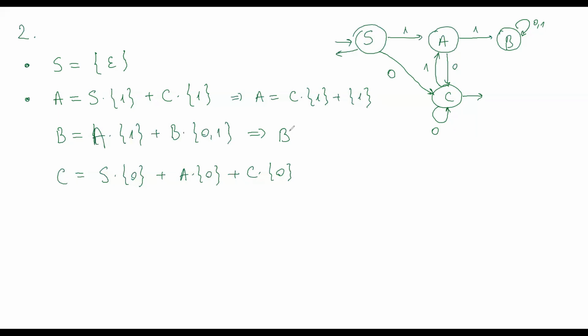I can do this either way, but let me do it in the following way. I will apply Arden's lemma here, and it has the required form, so it's B times something plus this whole language. So by Arden's lemma, B is of the form A times 1, which is this free term, times the star of this language, so (0,1) star. And I can now replace A with this one.